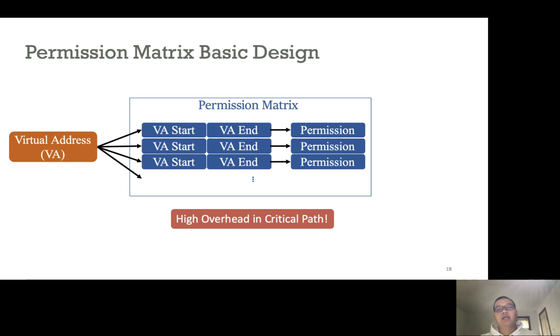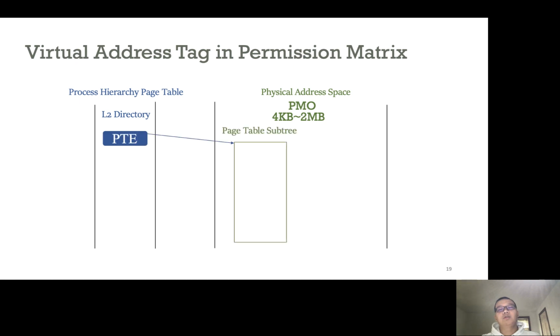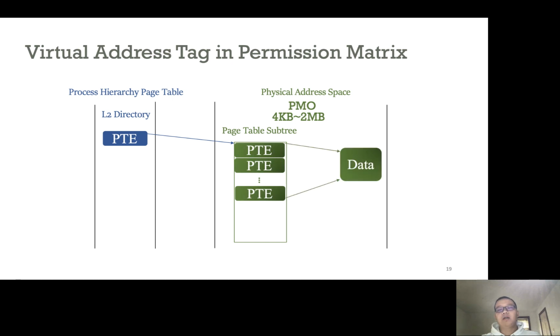virtual address tags to check against the virtual address. Let's go back to the page table. For a PMO, when the size is larger than 4 kilobytes but smaller than or equal to 2 megabytes, during the attach system call, a level 2 directory entry will point to the embedded page table subtree in this PMO. The directory is also page aligned, so some of the entries at the top of this directory page will point to the actual data, and some bottom entries are actually invalid.